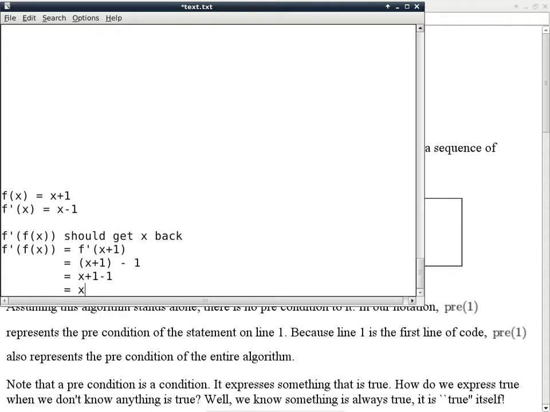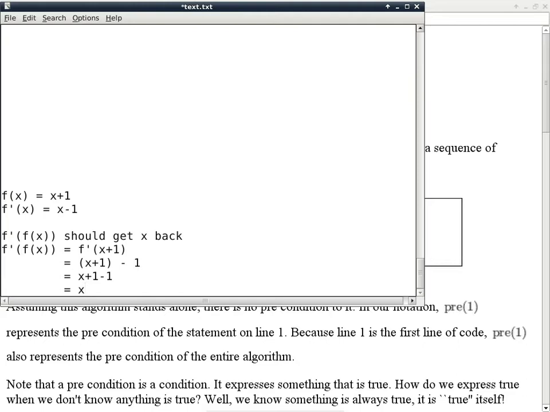And what do we get back? It's just x. So are we doing okay so far with the concept of a function versus the inverse function? I can do something to a value, and then I can undo whatever I did to the variable.